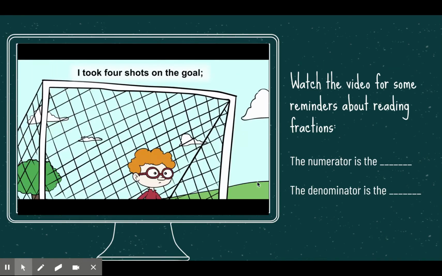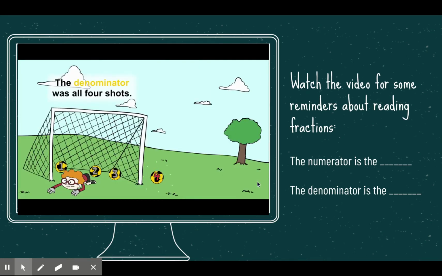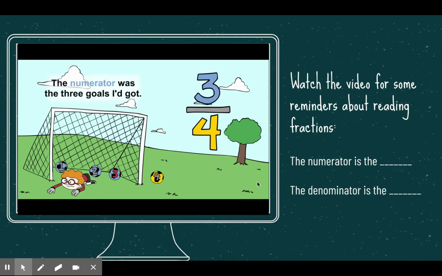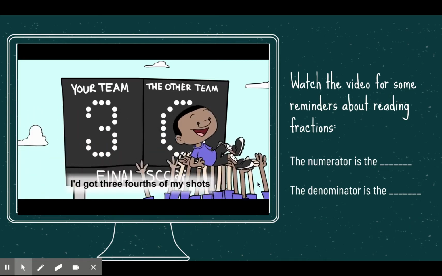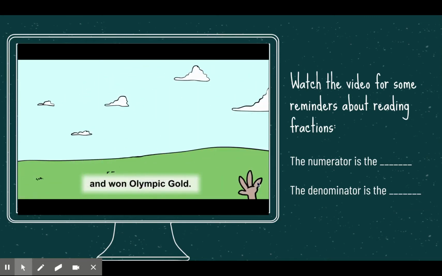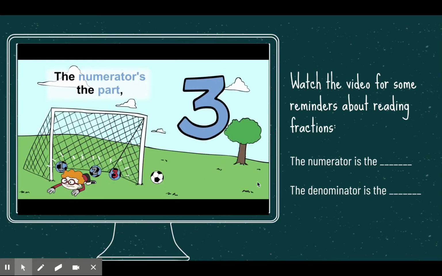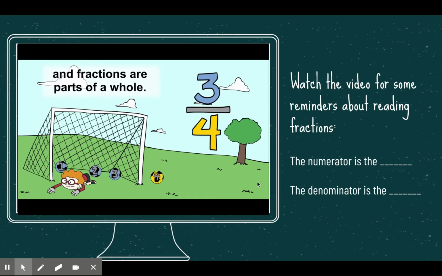I took 4 shots on the goal. 3 went in, but 1 hit the bowl. The denominator was all 4 shots. The numerator was how many goals I got.